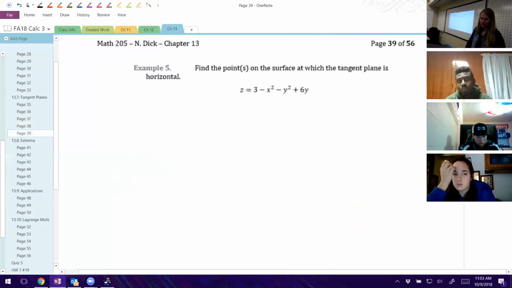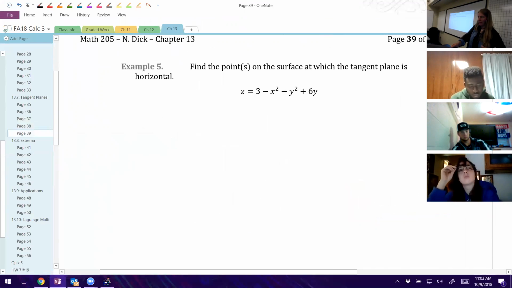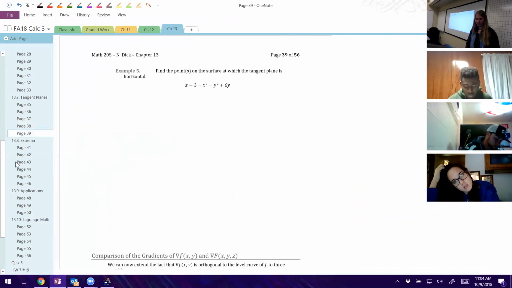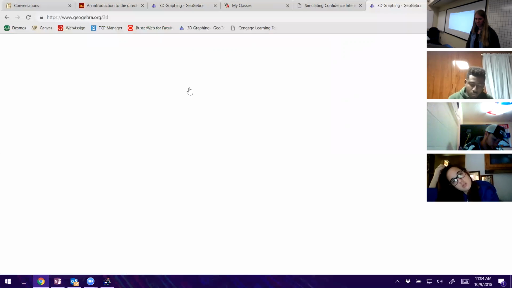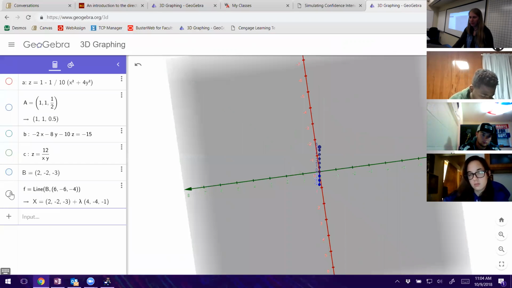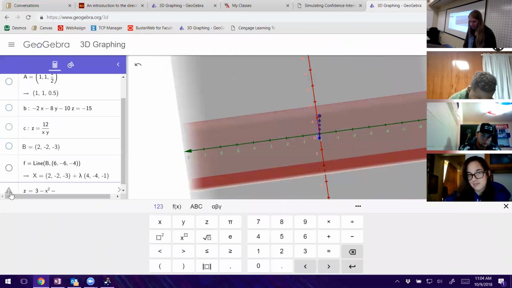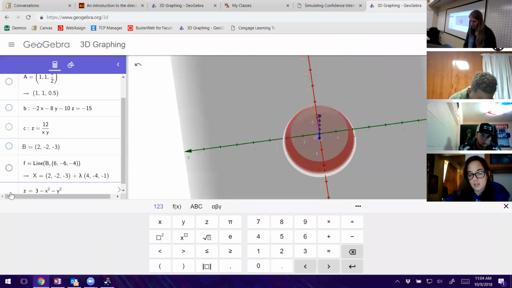All right, last example in this section. Find the point on the surface at which the tangent plane is horizontal. We haven't graphed things to start off in a while, so let's graph this one to start. Our surface is z equals 3 minus x squared minus y squared plus 6y.